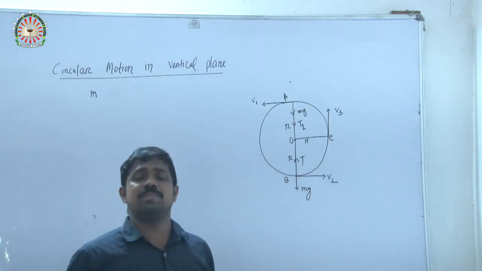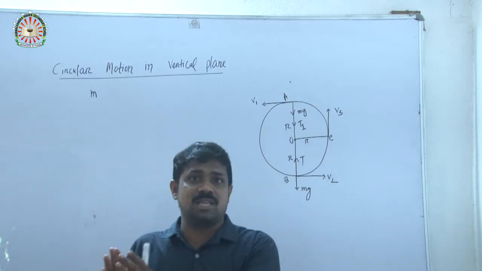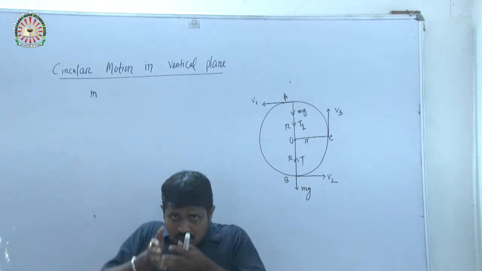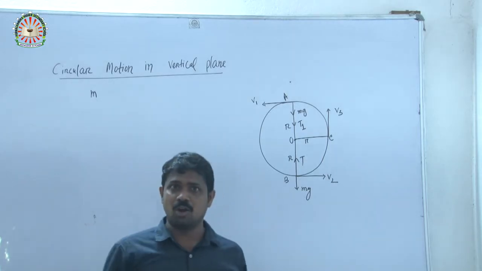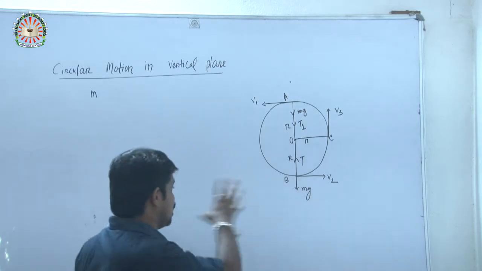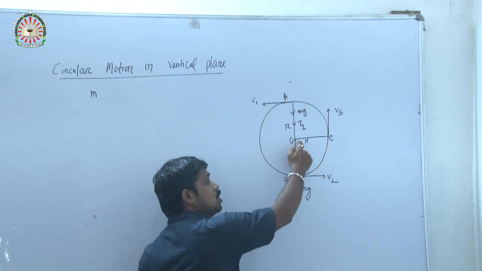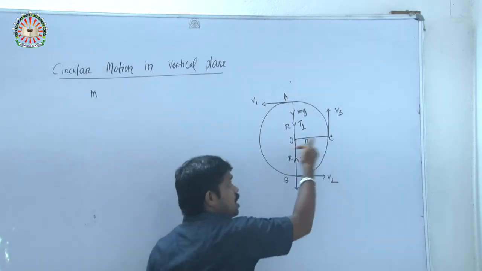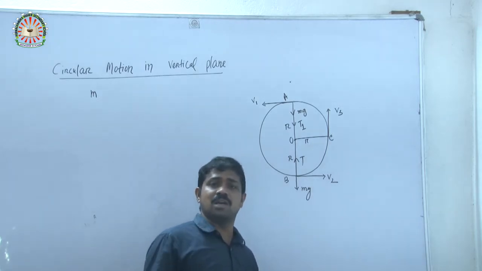And due to this centripetal acceleration we get a force, because according to Newton's second law, where there is an acceleration, along the acceleration there must be a force applied. Force is equal to mass into acceleration, we know that. Clear? So that force which is toward the center, not away from the center, is called the centripetal force.